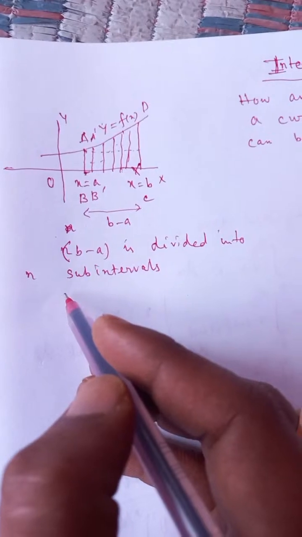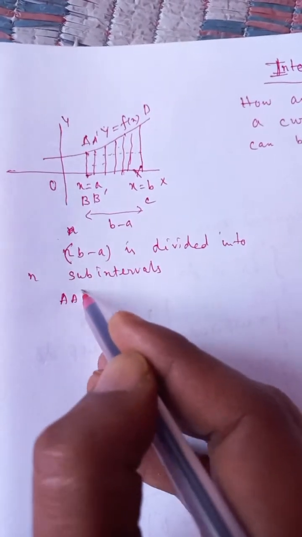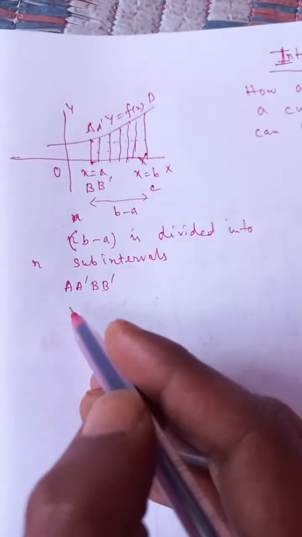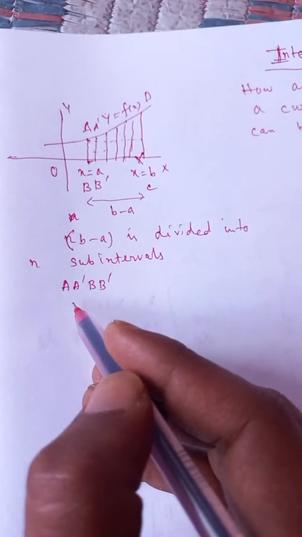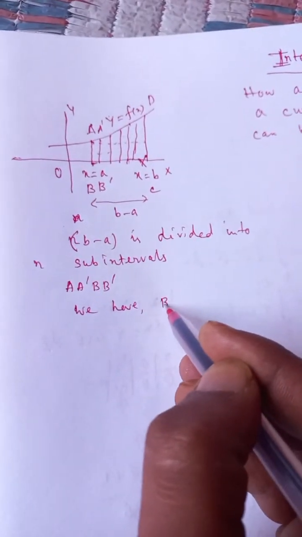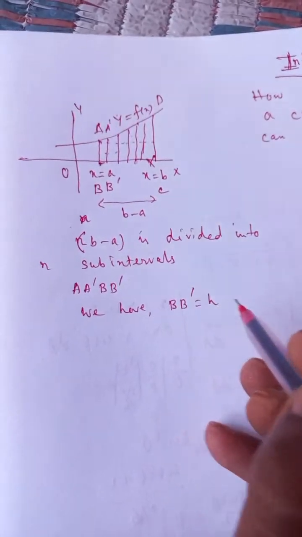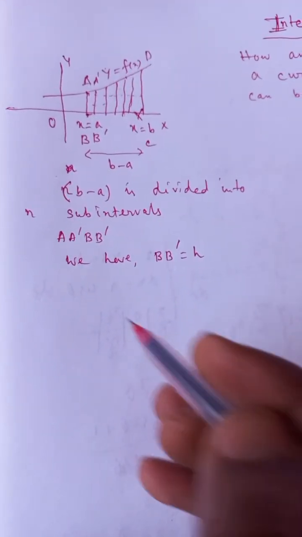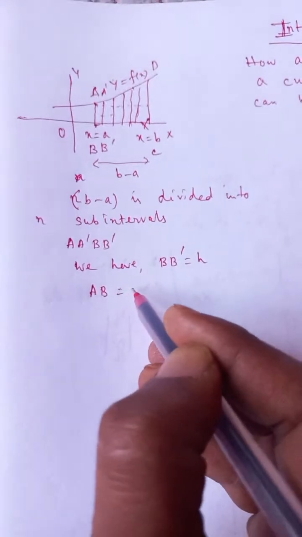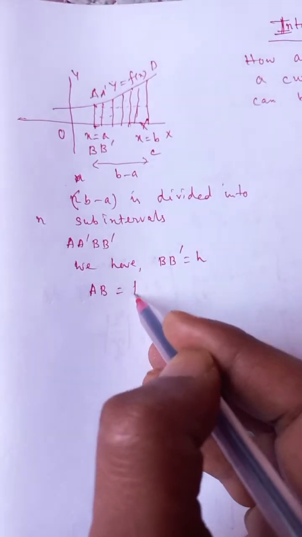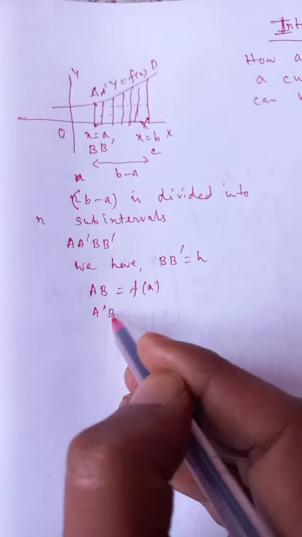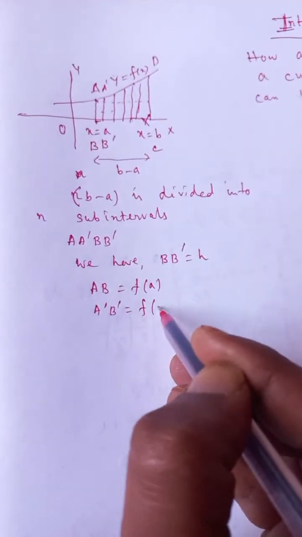For the quadrilateral A, B, B', we have BB' is equal to h, and AB is equal to f(a), and A'B' is equal to f(a plus h).